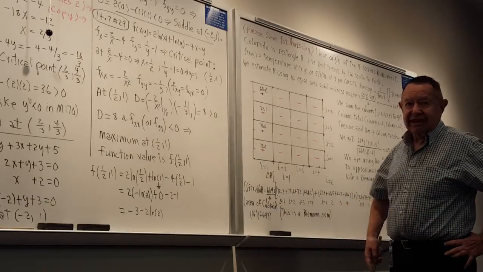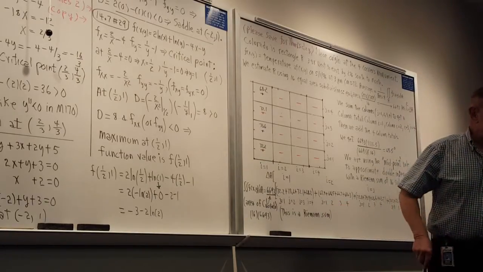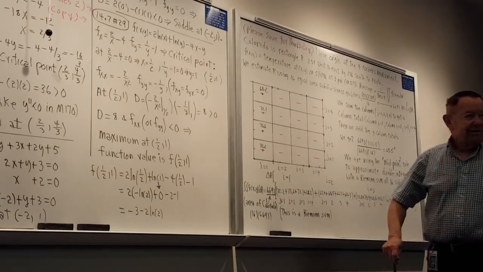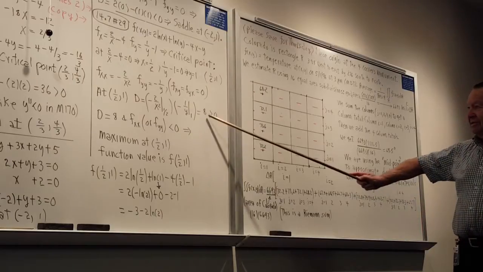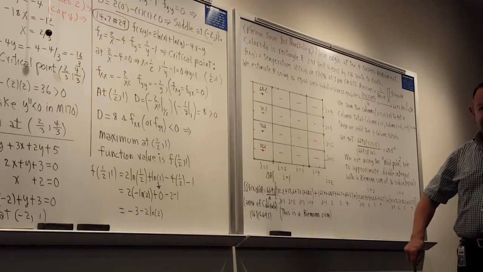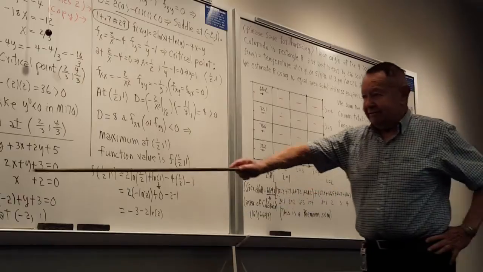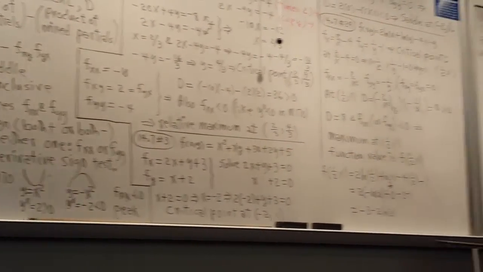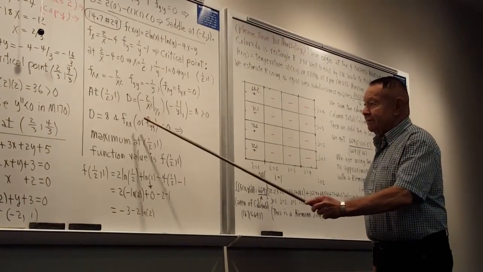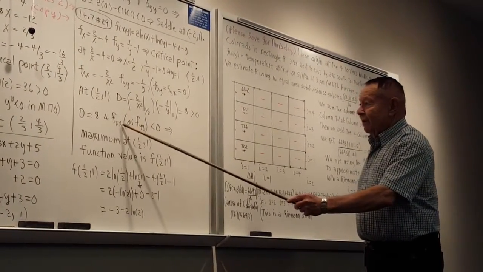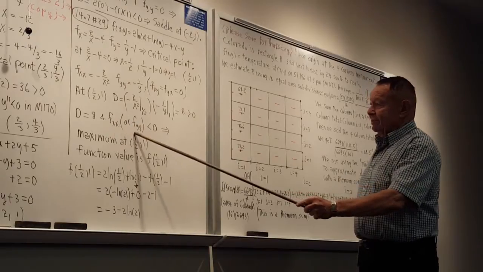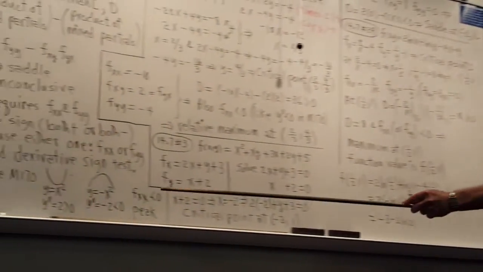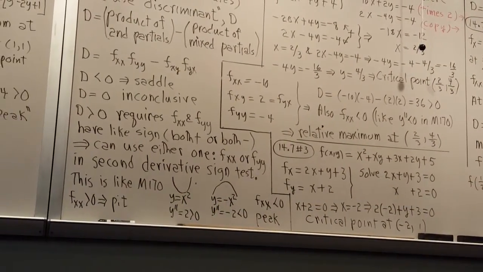And the fact that it's 8 doesn't particularly mean anything any different than if it were 4 or 16 or something. It's just that it's positive. So you're back to this situation, and so either one of the second partials is negative, and so you're looking at this situation.